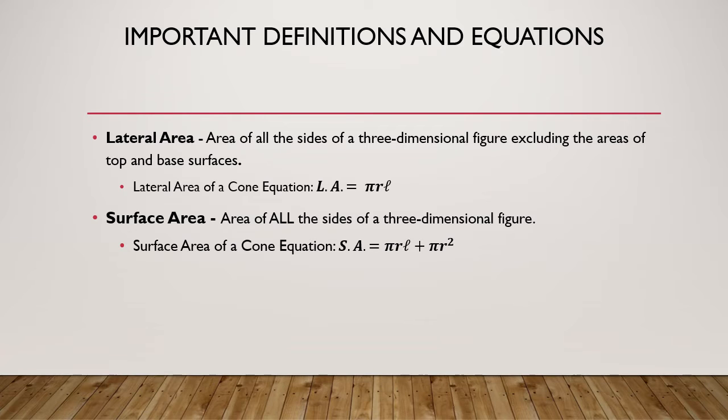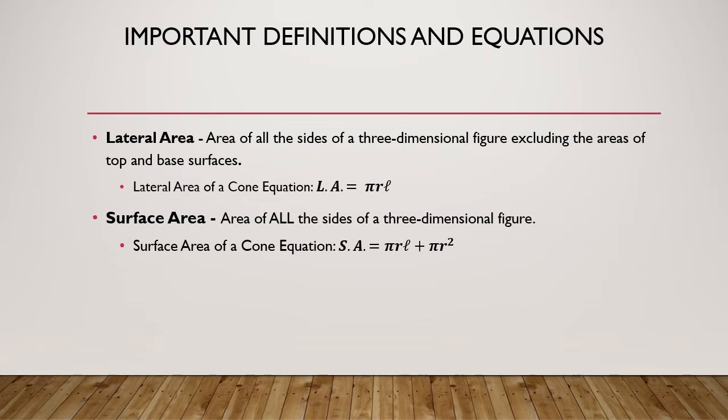I think of an ice cream cone. An ice cream cone does not have that bottom surface. So when we're talking about lateral area, that's the area we're going to find. The surface area is then including that bottom section. So that's the difference between lateral area and surface area.